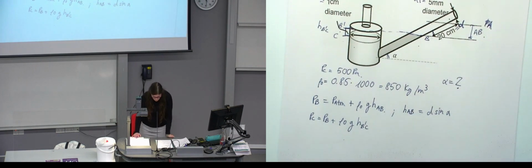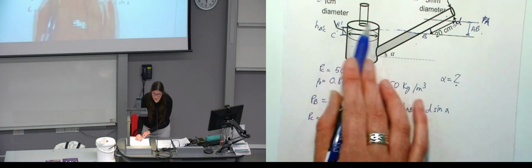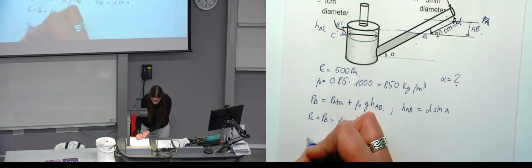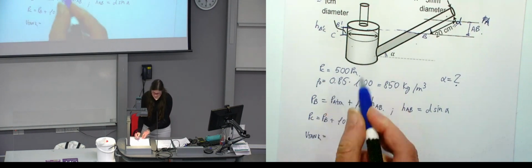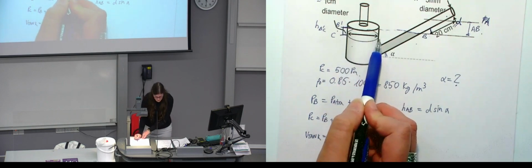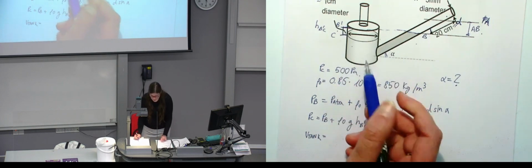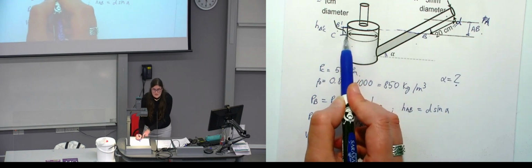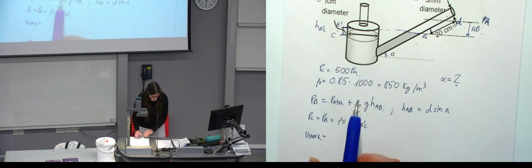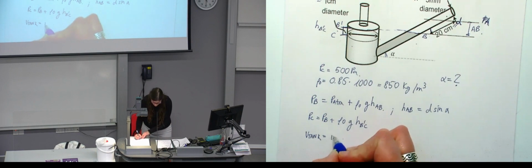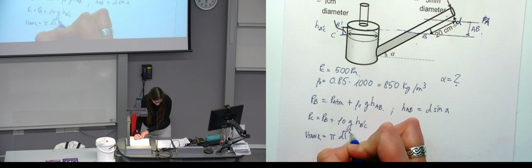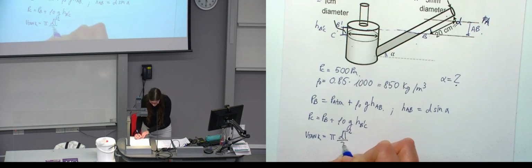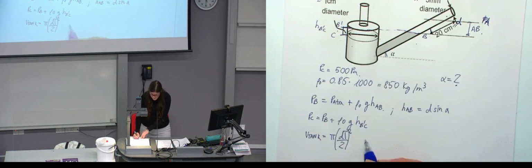So what we can do is say the volume displaced in the tank, which I will call volume tank, is the area of the tank multiplied by this distance, and the area of the tank is pi times (DT divided by 2) squared.